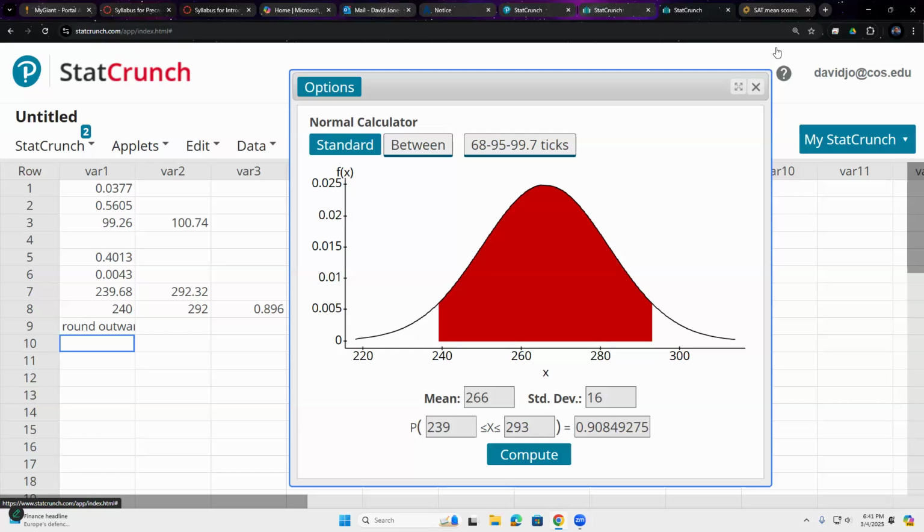Oh, it has a line there, doesn't it? Oh, I don't know how many people actually use that.